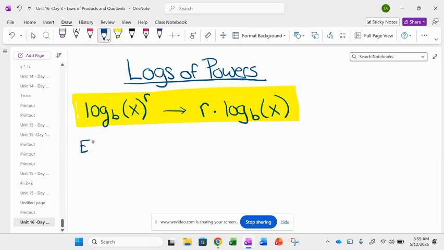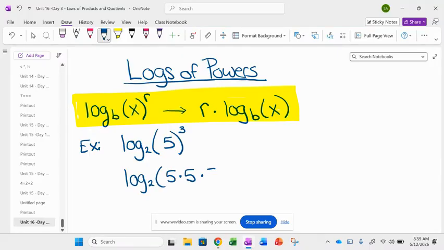So an example of this would be, let's say I have log base 2 of 5 to the 3rd power. Do we agree this means log base 2 of 5 times 5 times 5?